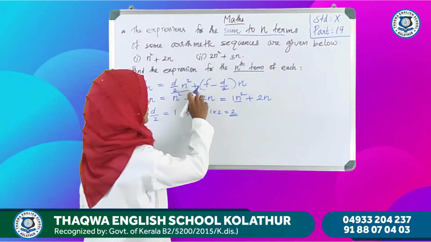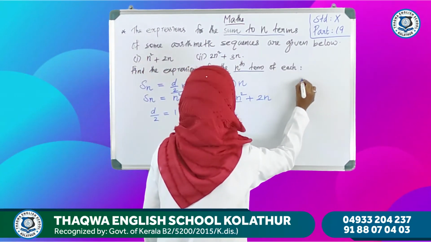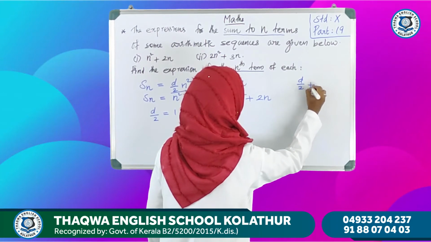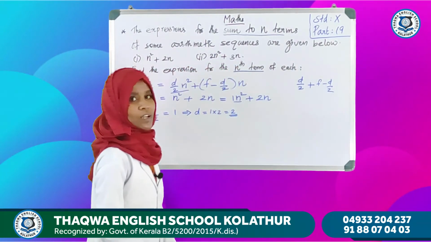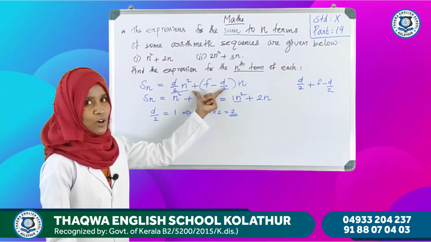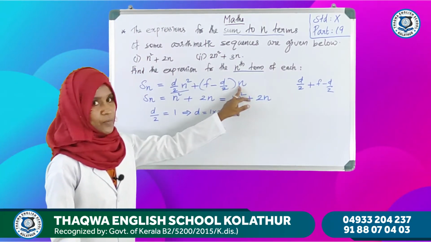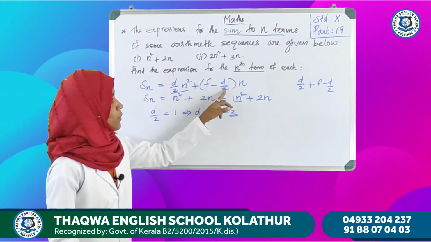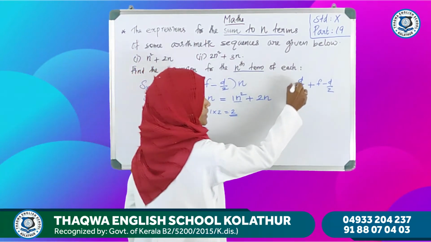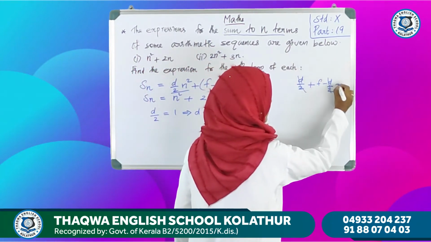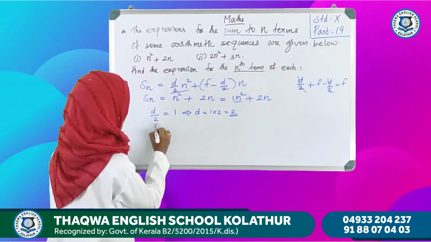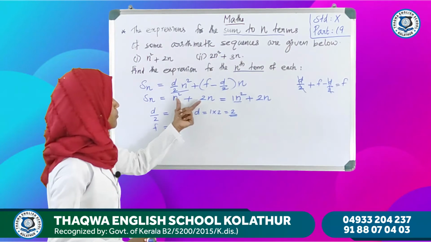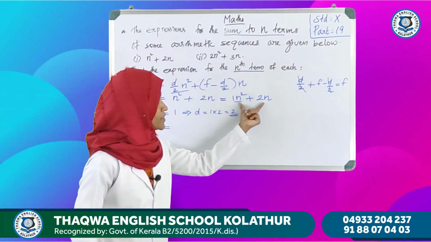Next, in the last class I told you d by 2 plus f minus d by 2, the sum of the coefficients of n square and n. d by 2 and d by 2 cancel, what we get is f. So f equals the sum of the coefficients. What are the coefficients?